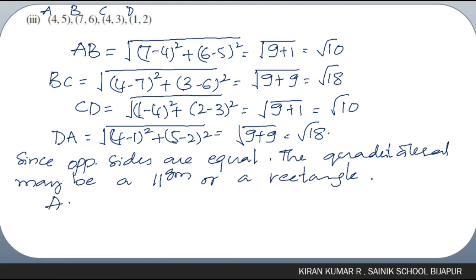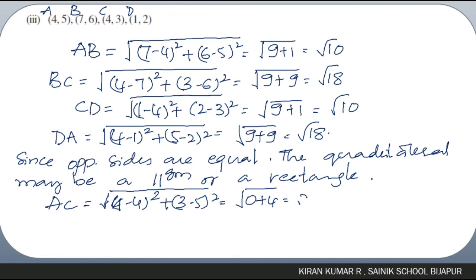So let me find the length of the diagonal AC, which is root of (4 − 4) whole square plus (3 − 5) whole square. We get root 0 plus 4, which is 2 units.